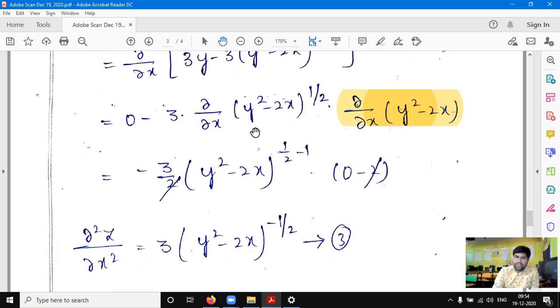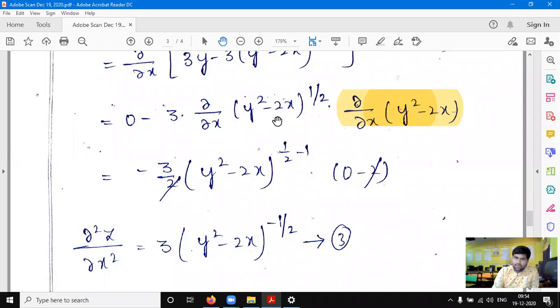In place of n, it is 1 by 2, so minus 3 into 1 by 2 becomes 3 by 2. So that is minus 3 by 2 into (y² minus 2x) to the power of 1 by 2 minus 1, that is n minus 1, into again the differentiation of this term.